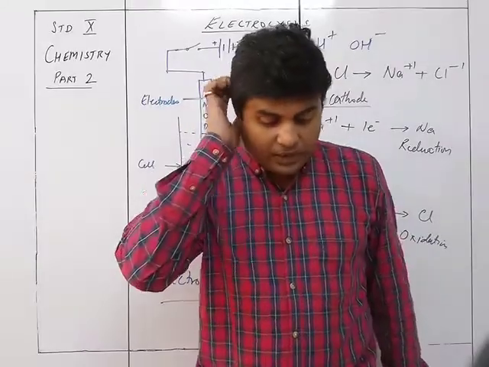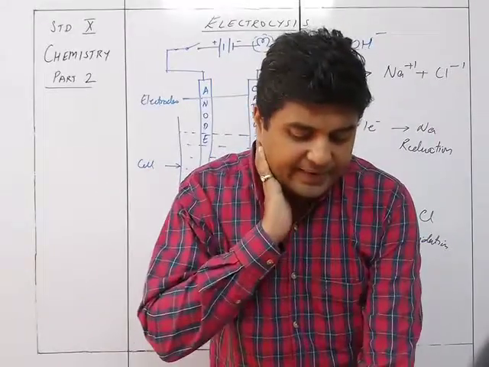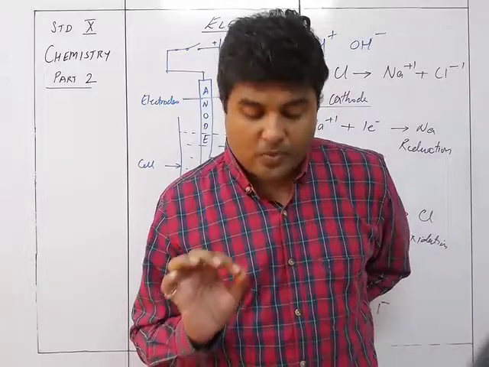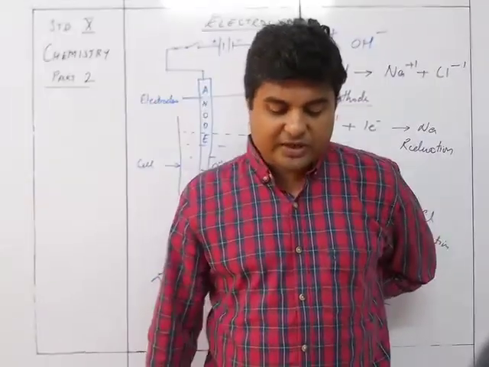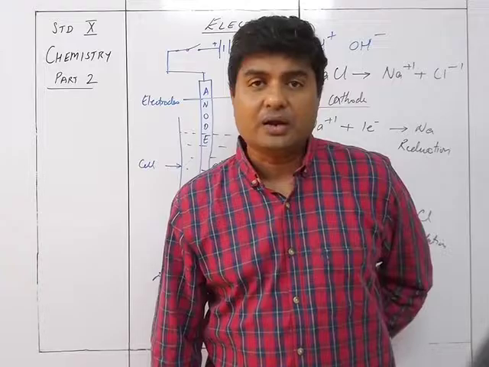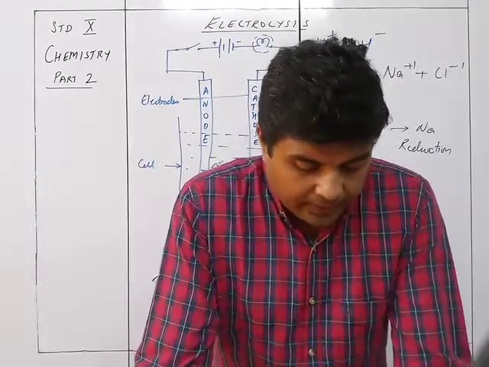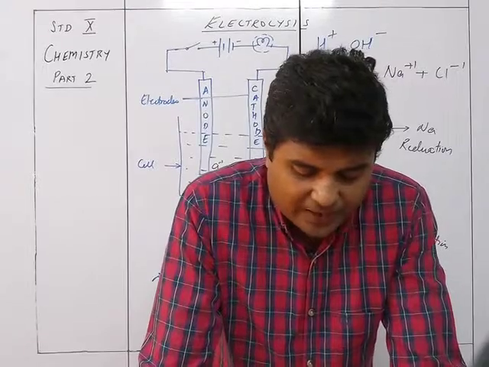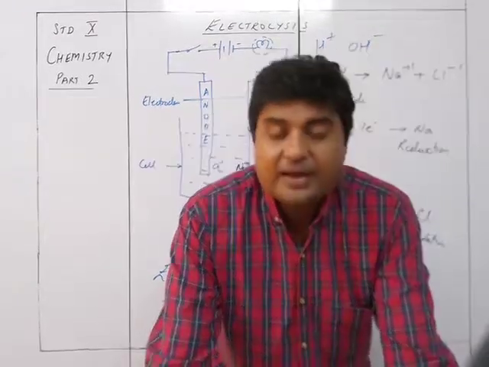So electrolytic dissociation is a process which takes place in electrovalent compounds, whereas ionization takes place in a covalent compound. Electrolytic dissociation involves separation of the ions which are already present in an ionic compound.